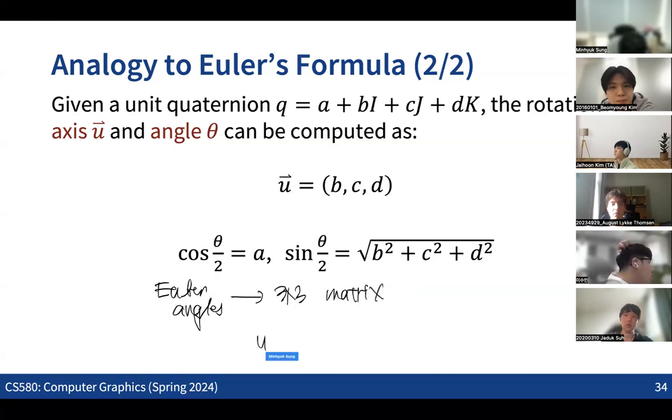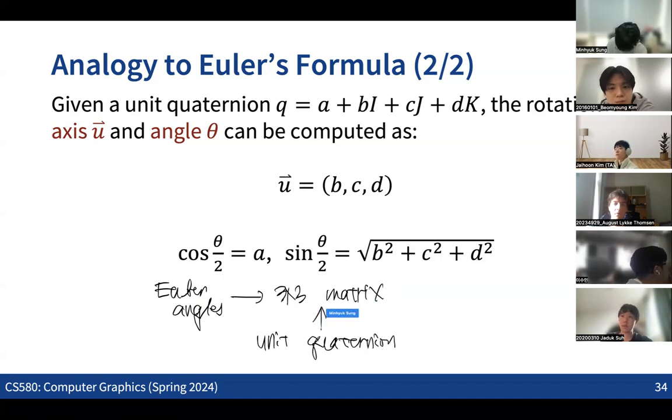And from the unit quaternion, we can also convert to a 3x3 matrix. This conversion should be easy. And also from the unit quaternion, we can convert this into the axis and angle form, right? So we can do all kinds of conversion across all the different representations of 3D rotations.